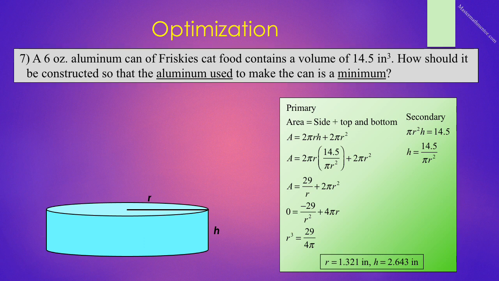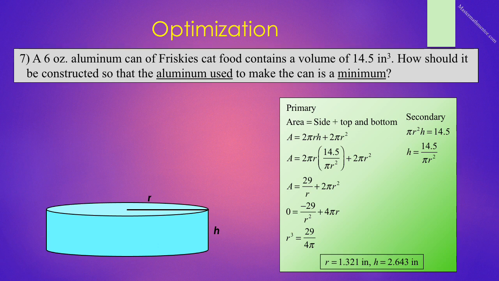And taking the derivative, setting equal to 0, we get negative 29 over r squared plus 4 pi r. And therefore, bringing the 4 pi r to the right side, we get r cubed is equal to 29 over 4 pi, and therefore r is the cube root of that expression, and that turns out to be 1.321 inches.